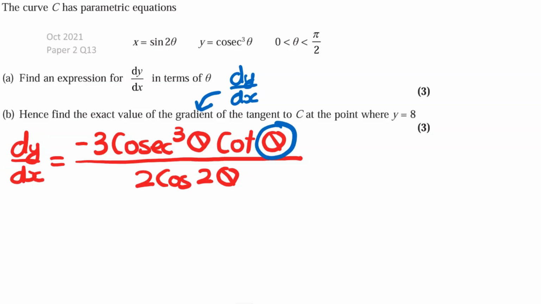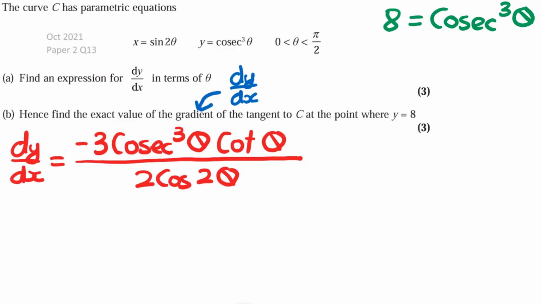Now we're going to need the theta value for this because we have a dy over dx equation in terms of theta. So the way that we're going to do this is y is equal to 8, and we have this parametric equation for y here. So what we're going to do is we're going to sub in y is equal to 8 into this. So we're going to say that 8 is equal to cosec theta to the power of 3, like this here, and then rearrange in order to find theta.